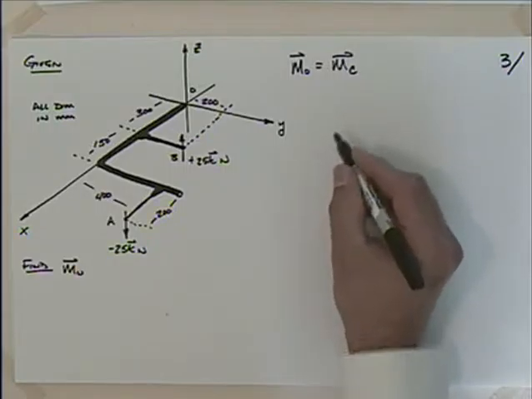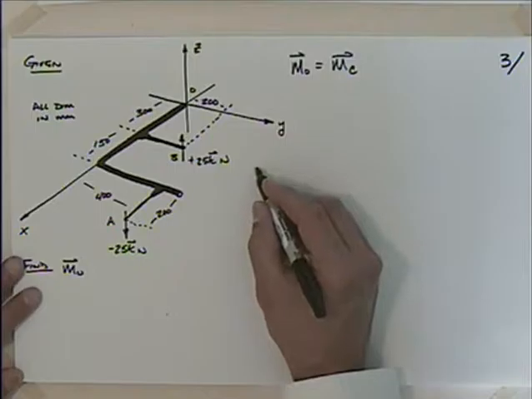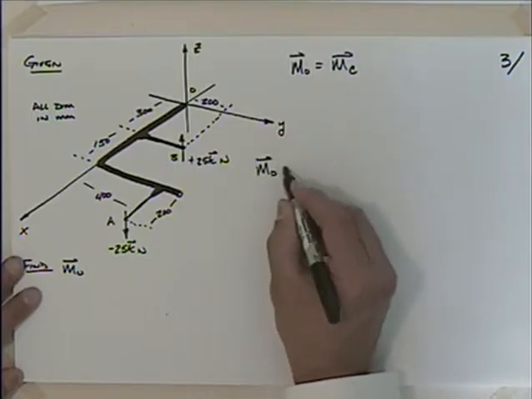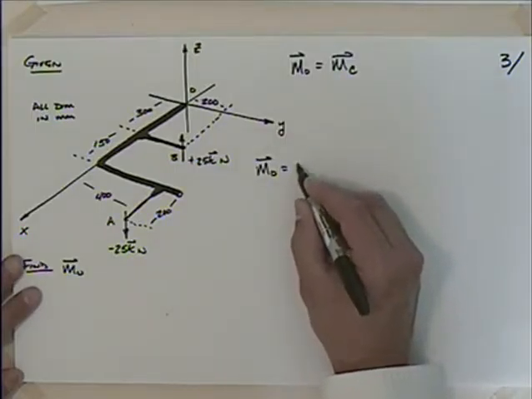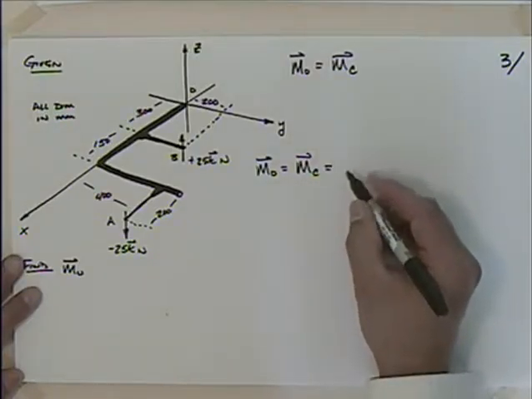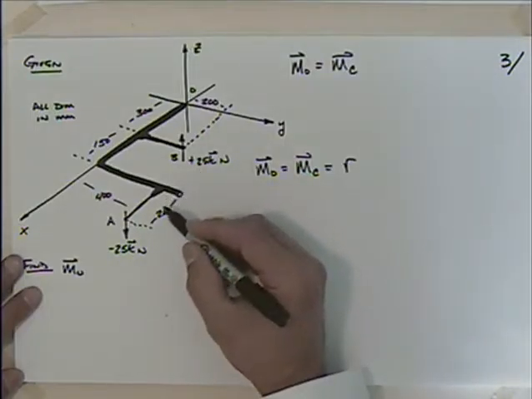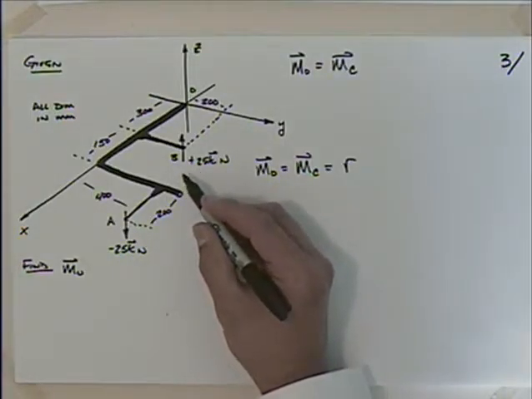So I could really look at this a couple of different ways. I could say that the moment about O would be equal to the moment of the couple, which would be equal to R from, and this is where people get a little confused.